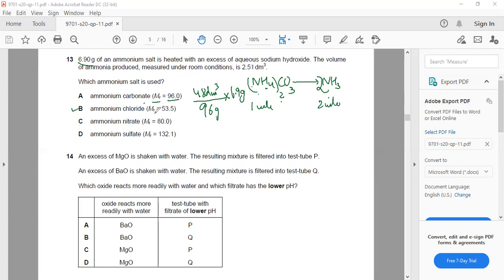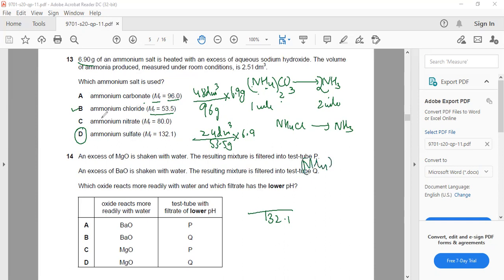In ammonium chloride, the second one, it is a 1:1 ratio. So you will say 53.5 gram produces 24 dm cube of ammonia. So 6.9 will produce how many? Likewise, you will do this. The examiner was very cruel. I think this one is the correct answer. 132.1 gram ammonium sulfate.